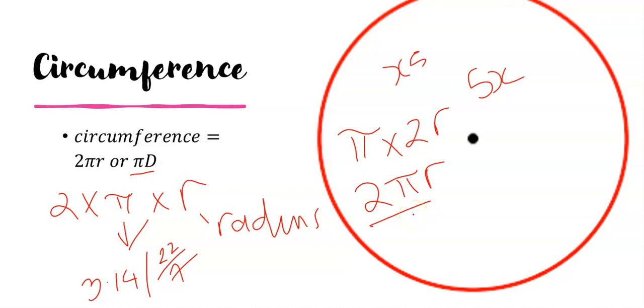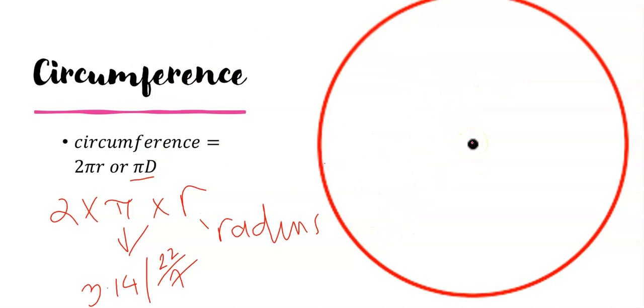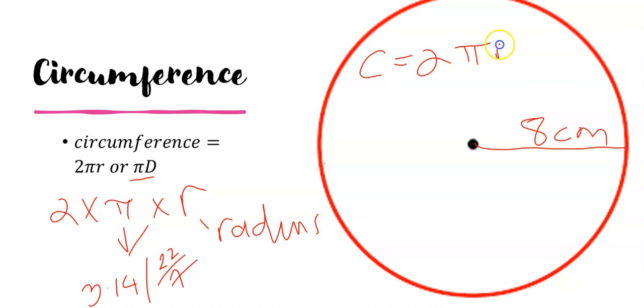And so let's say we have the circle here and we are told to find the circumference. And we are told that the radius is 8 centimeters. The fact that we are given the radius, we would want to use the formula 2 pi r. So circumference, always write your formula first, is 2 pi r.